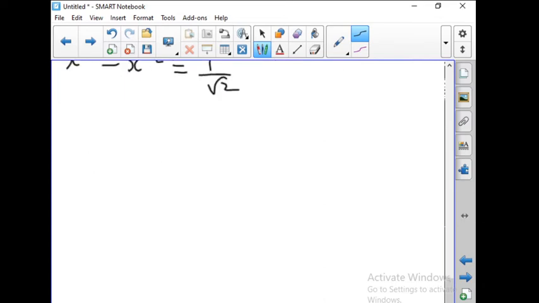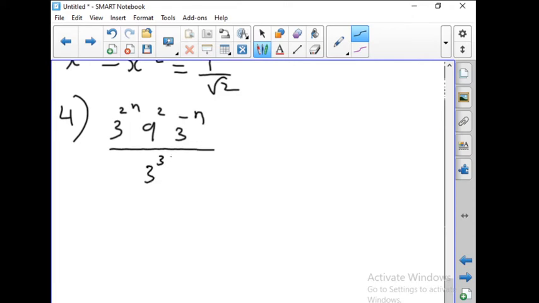Next, coming to question number 4. Simplify and hence find the value of n. 3 power 2n into 9 square into 3 power minus n divided by 3 power 3n is equal to 27. What is 9 square? 9 is 3 square.